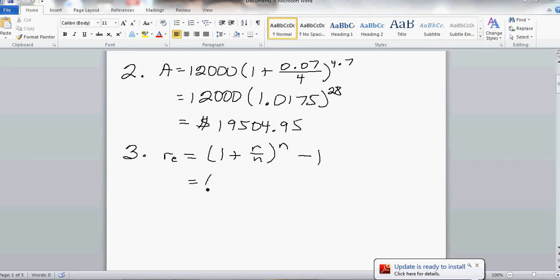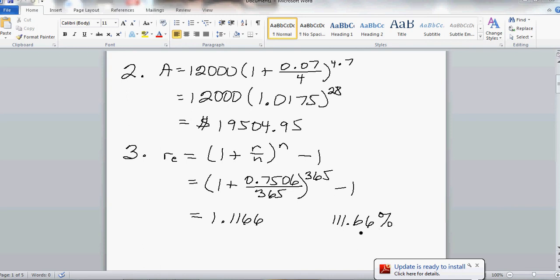So all we have to do is plug that information in. 1 plus, okay, 0.7506 compounded daily means there's 365 days in a year. And then this all equals, once we just punch it all in, 1.1166, which actually represents 111.66%. 111.66% is the effective rate.